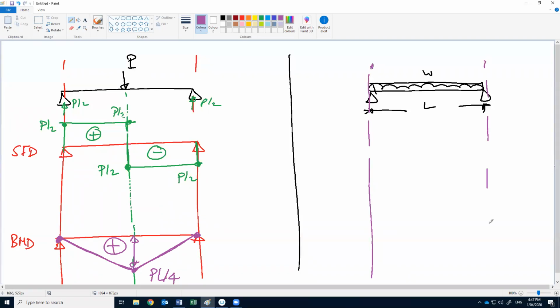what we said before, here the shear value, the resultant value WL, the reaction here WL by 2, the reaction here WL by 2.